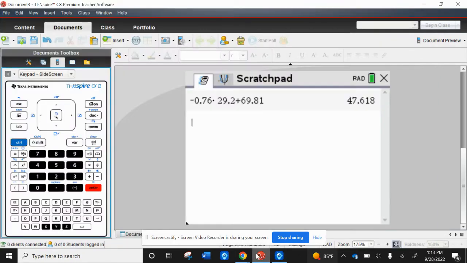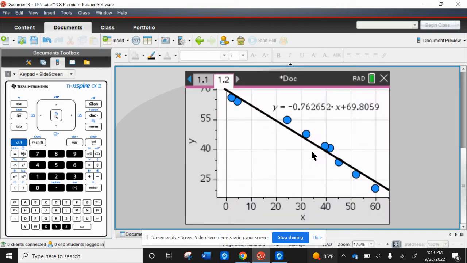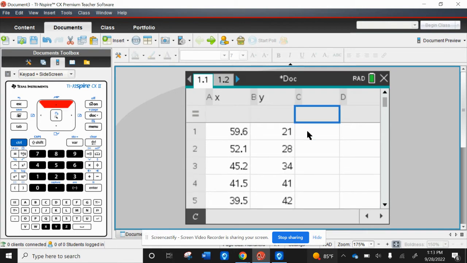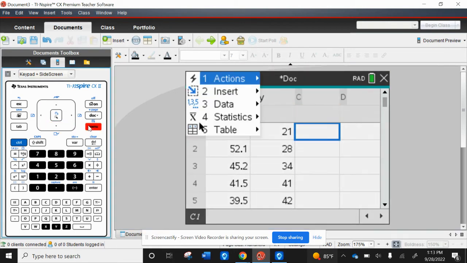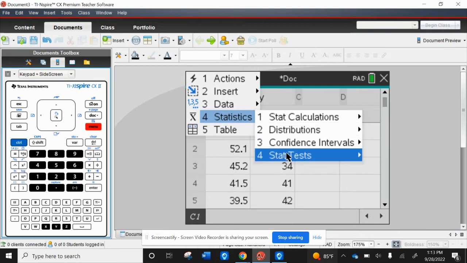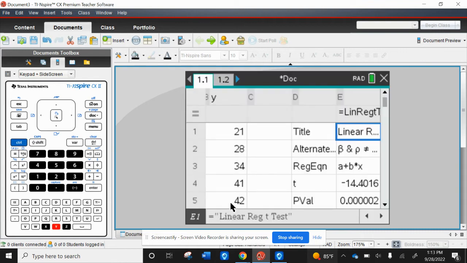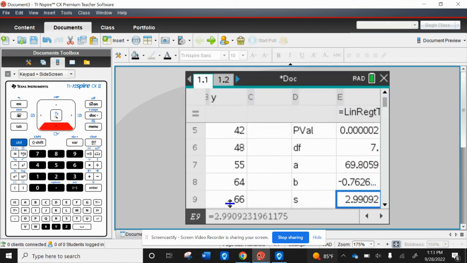So we're going to go back to our calculator, press on, go to current, and then go back to 1.1, go to C1, and then go to menu, statistics, stat test, linear regression t-test, x and y. Press enter twice and go down to where the R value is.